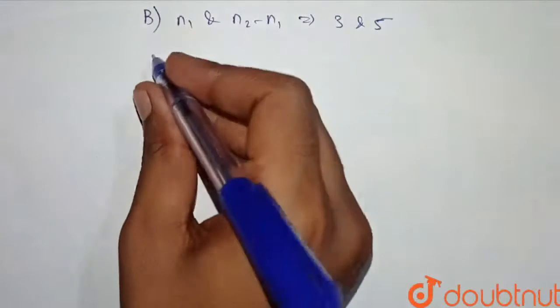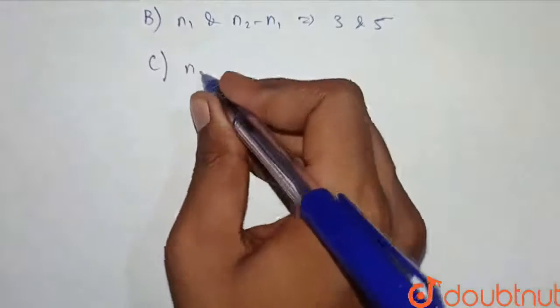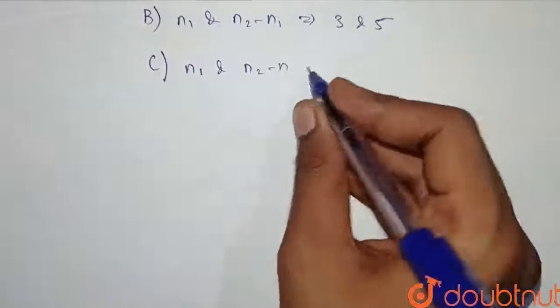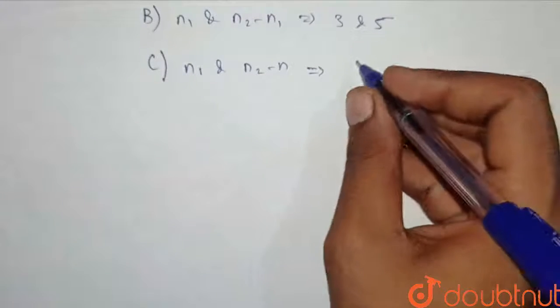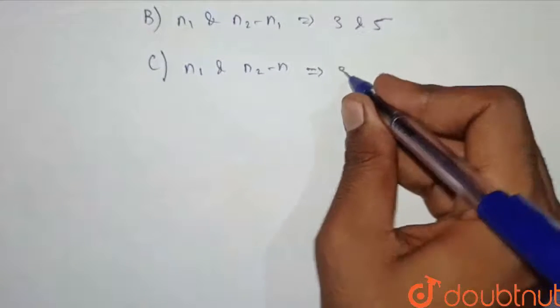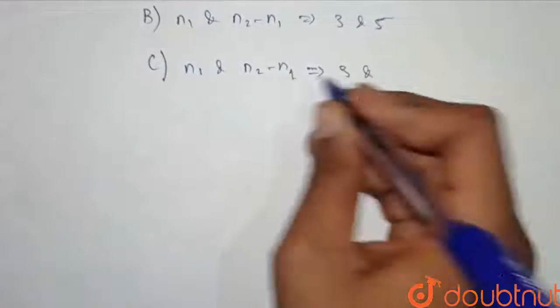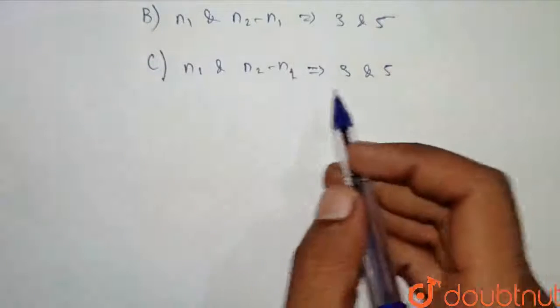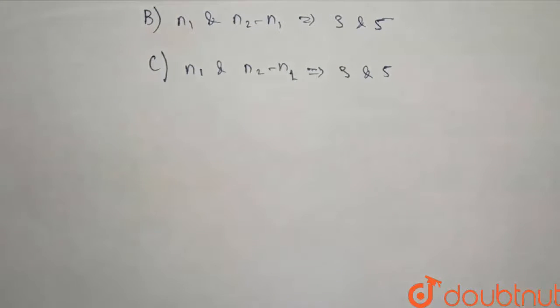If we proceed to option C, it asks the relation between n1 and n2 minus n1. If we write this, our n1 is 3 and n2 minus n1 is 5, and option C asks whether these two are twin prime numbers or not.